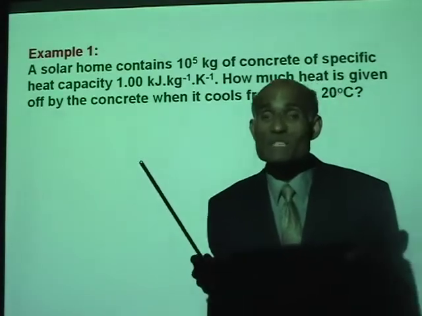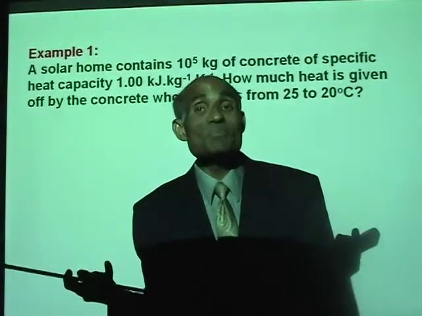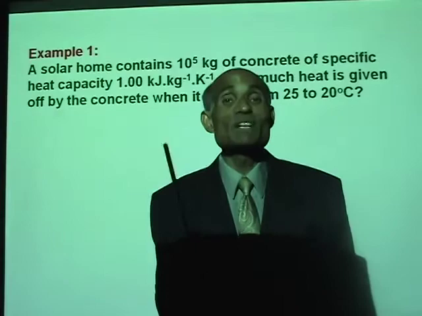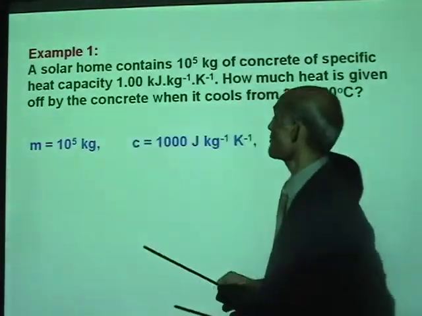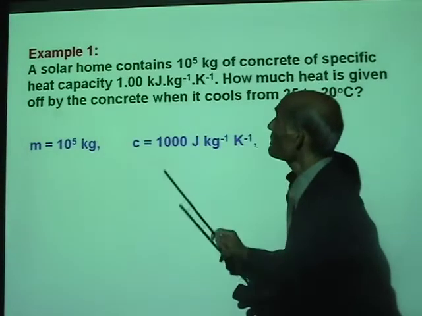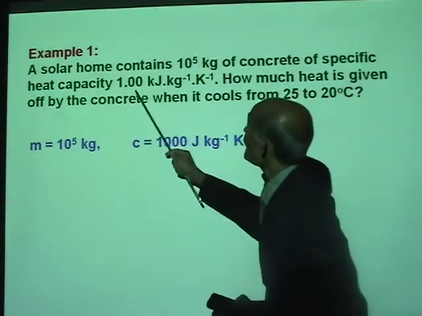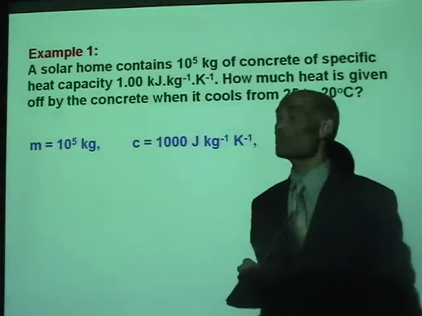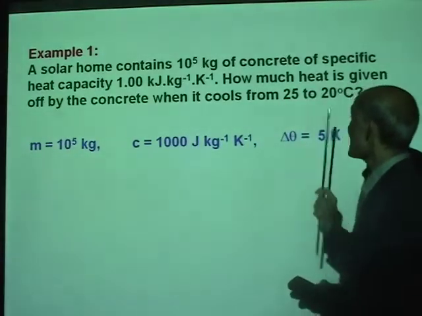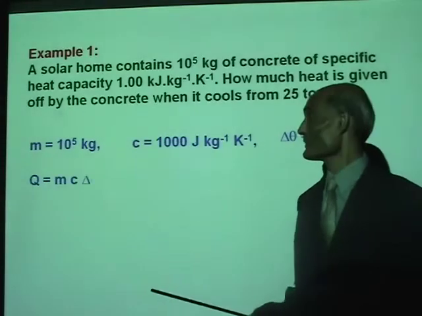Now, the first thing you notice is that there is a change in temperature, so the equation will contain the specific heat. Mass is 10 to the power of 5 kilogram. Specific heat is 1 kilojoule per kilogram, 1000 joules per kilogram per Kelvin. And delta theta is 5 Kelvin.